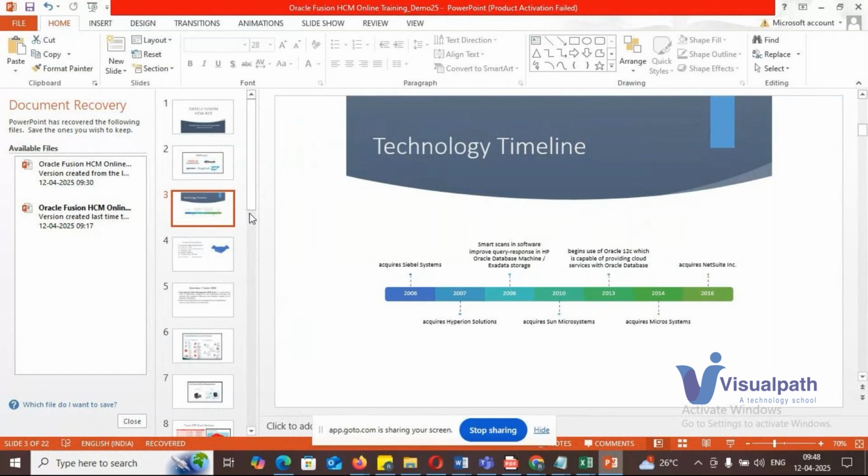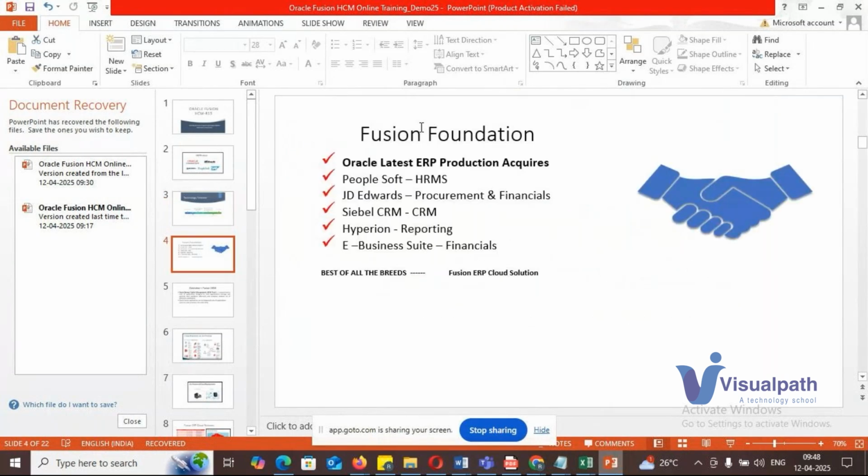So what was the foundation of this in ERP? If I talk about the Fusion foundation, the people saw JD Edwards, what I discussed earlier, and Siebel, and Hyperion in reporting, which were for other business functions, right?